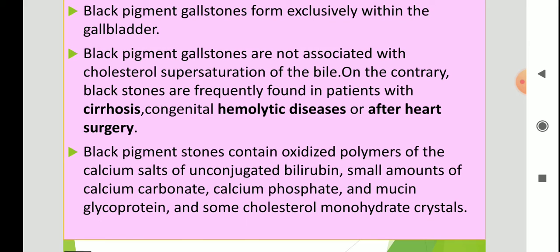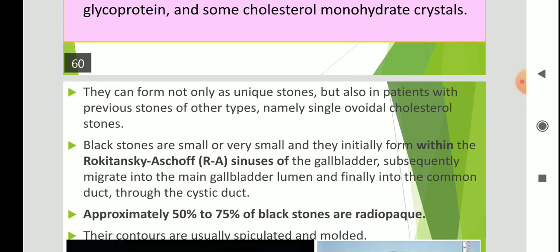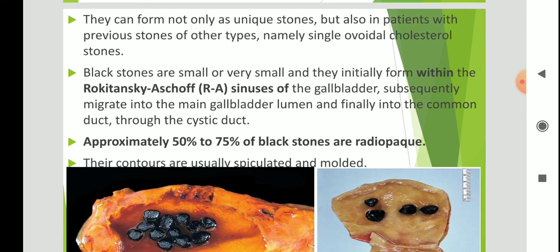Black pigment stones contain oxidized polymers of the calcium salts of unconjugated bilirubin, small amounts of calcium carbonates, calcium phosphates, and mucin glycoproteins, and some cholesterol monohydrate crystals. They can form not only as unique stones but also in patients with previous stones of other types.